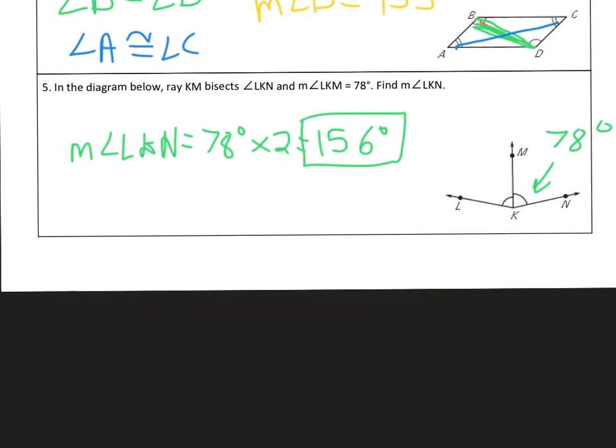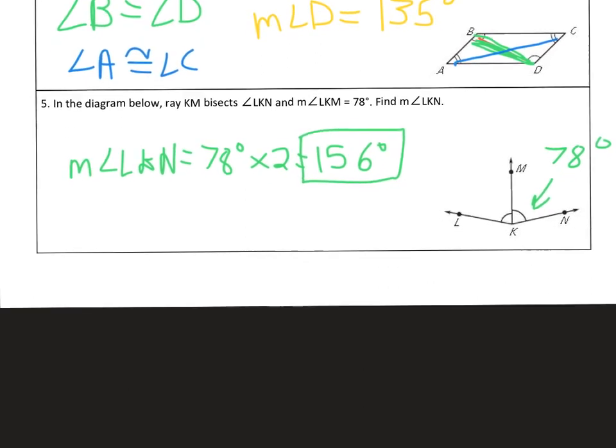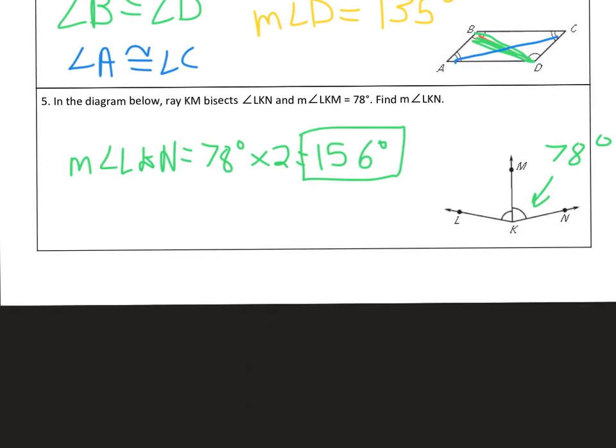And then the final example here is a lot like example 5. We know KM is bisecting this angle, making each of these angles congruent. And we're given that LKM is 78, okay? So this allows me to say LKM is 78.